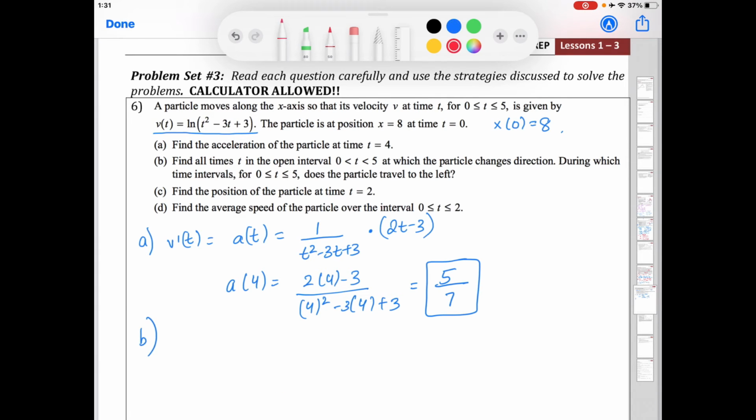Part B. It's saying find all times t in the open interval from 0 to 5 at which the particle changes direction. Again, when does the particle change direction? When your velocity changes sign.